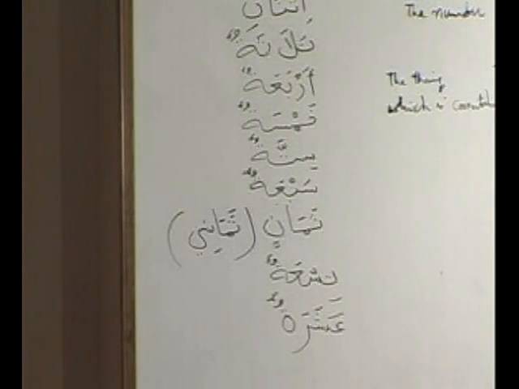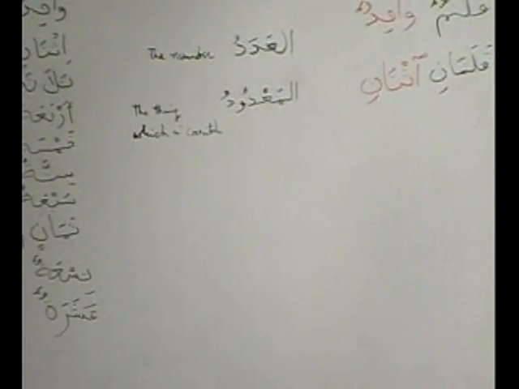Now, number 1 and number 2. Are you with me, brothers and sisters? Number 1 and number 2. When they come, they are always a na't, an adjective. Always a na't. Number 1 and number 2 is always a na't.